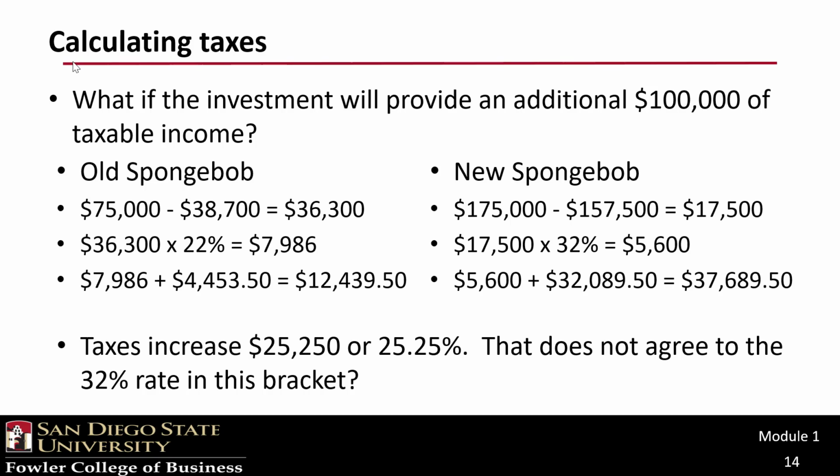But wait a second, that's not 22%. That's not 32%. That's 25.25%, right? That's the $25,250 divided by the additional $100,000 of income. That doesn't agree to the 32% rate in this bracket because SpongeBob is now suffering from bracket creep, which means that this increase in his income pushes him into a new bracket.